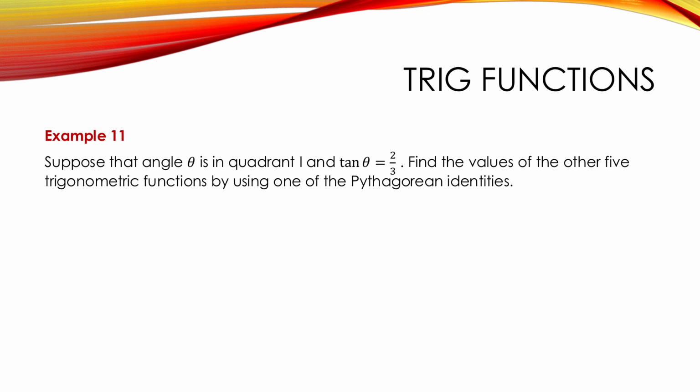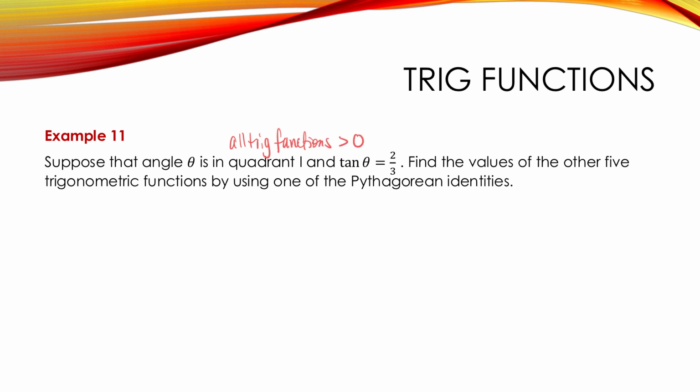For example 11, we're going to use one of the Pythagorean identities to help us determine our other 5 trig functions when given a quadrant and a specific function value for an angle theta. Instead of drawing it like we normally would, we're going to use a trig identity and see if we can do it without drawing. We know that angle theta is in quadrant 1, which means that all trig functions are positive.